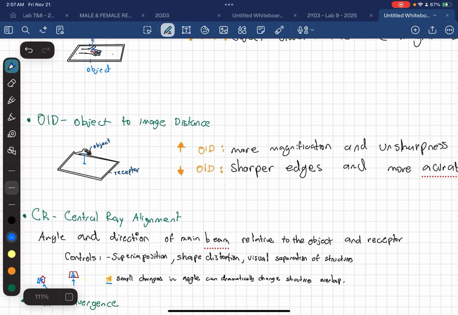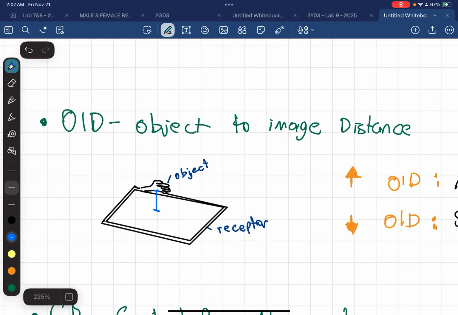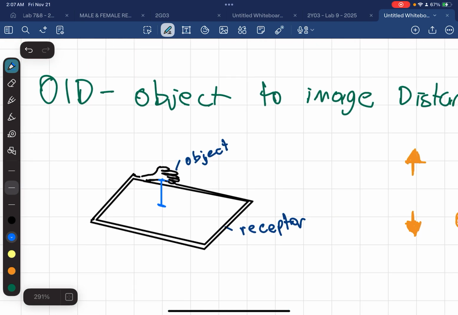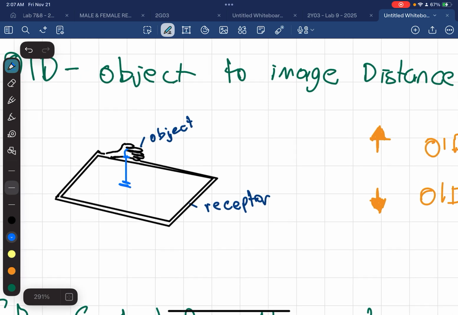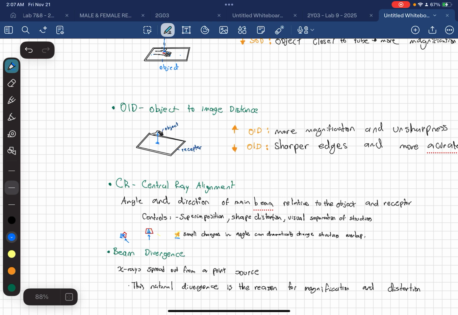And if it's a low OID, that's going to be a sharp edge and more accurate size of our object. So we want this hand to be actually touching the detector, so we have a sharper and more accurate size of our image and our object.